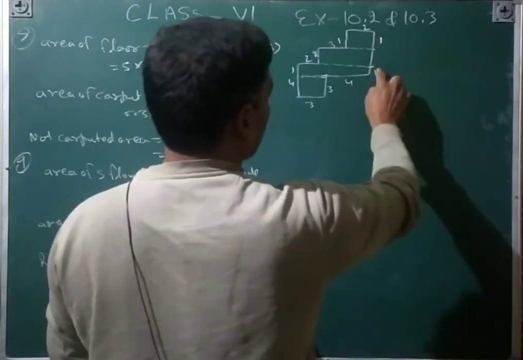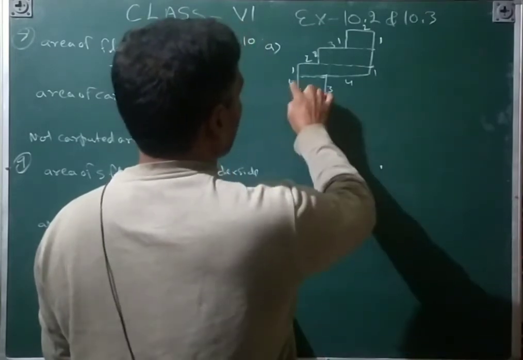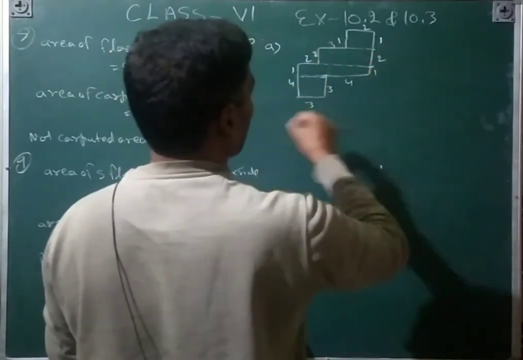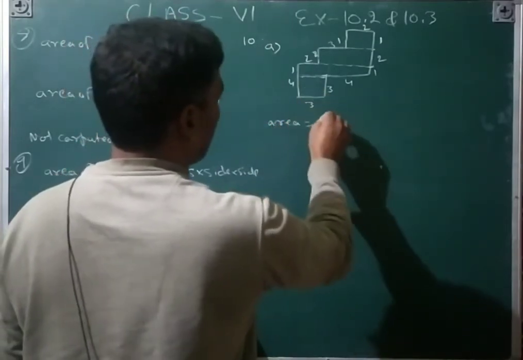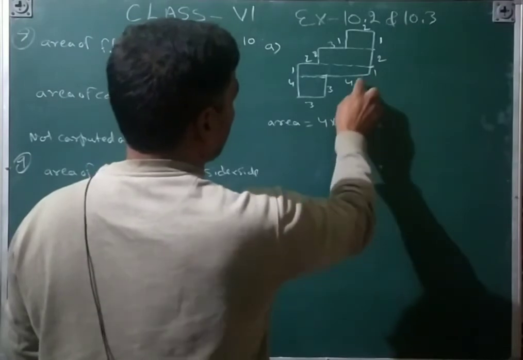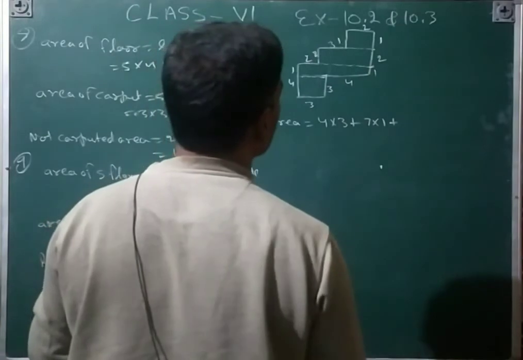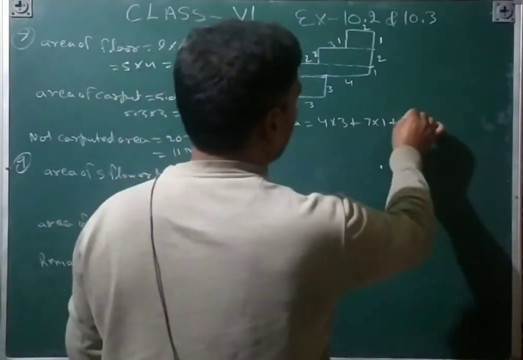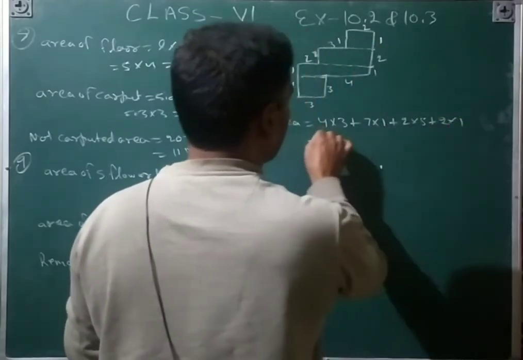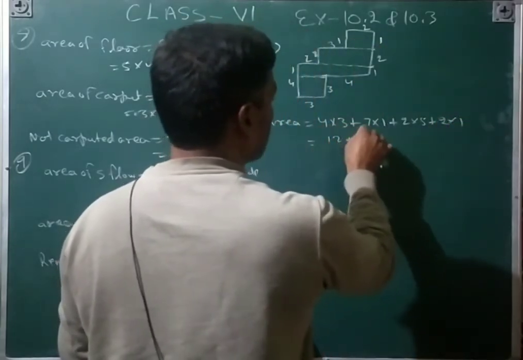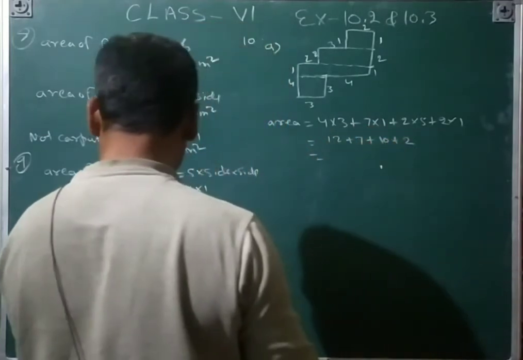So that area is equal to this area 4 into 3 plus this area 7 into 1 plus this area 2 into 5, that left is 5, plus this area 2 into 1, so that is 4 3 ja 12 plus 7 1 ja 7 plus 10 plus 2 1 ja 2, 7 2.